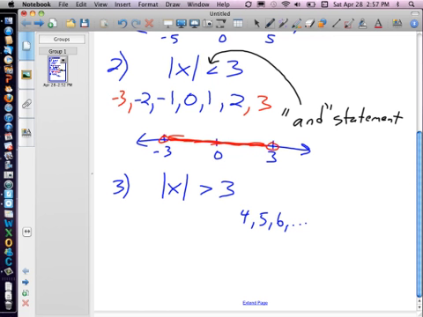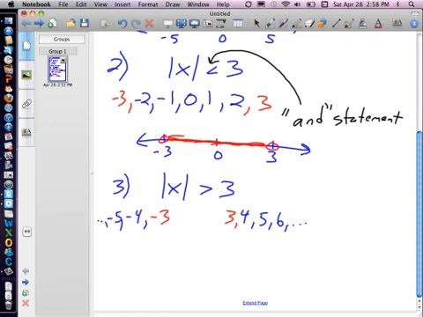We just go on forever. 3 would not be an answer, but it would be a boundary, so let's put that in red. 2 would not work, 1 would not work, 0 would not work, negative 1 would not work, negative 2 would not work. Now negative 3, once that absolute value takes hold, now we have 3 is greater than 3. Although that's not true, it is a boundary here, because once we get to negative 3.001 or even smaller, it does start to work. Negative 4 works, negative 5 works, and so on in that direction.